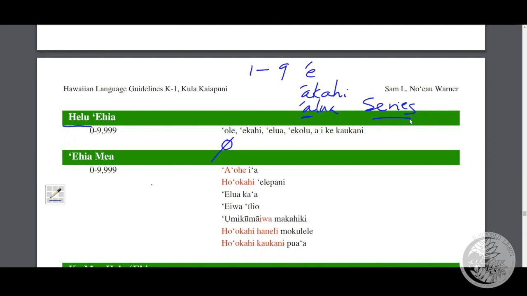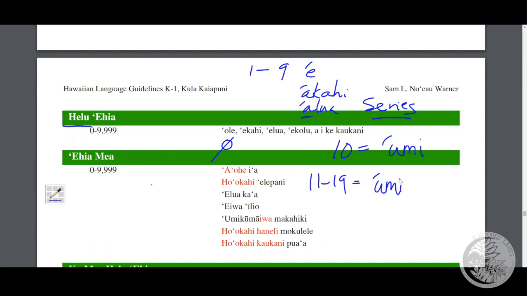Now, when we get to the sense of 10 or tens, we use the word umi to represent 10. And when we count from 11 to 19, we simply use the word umi, which is 10.